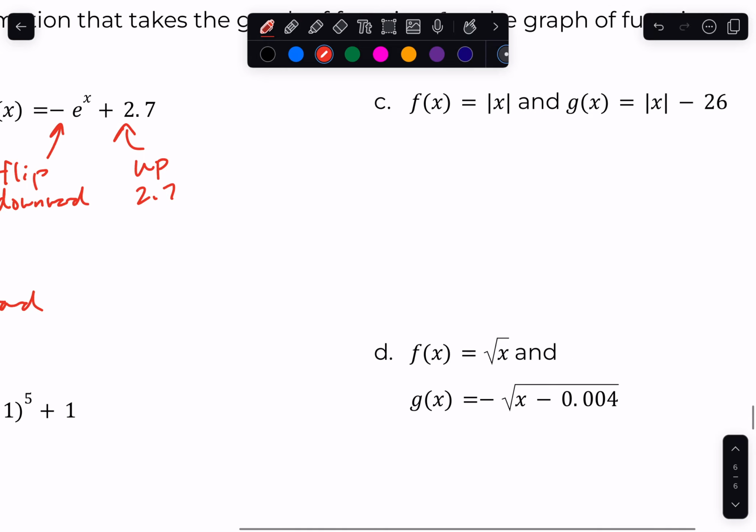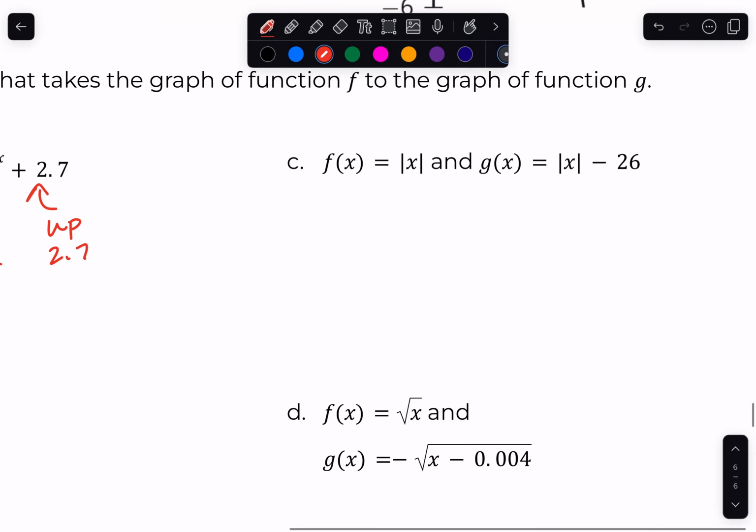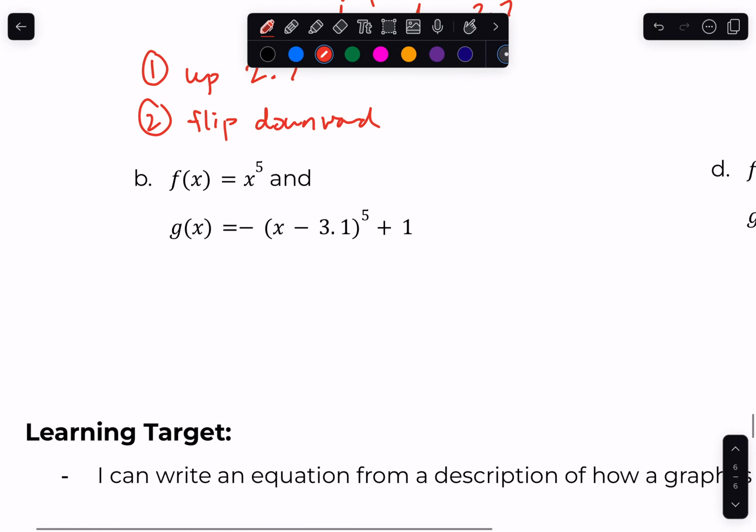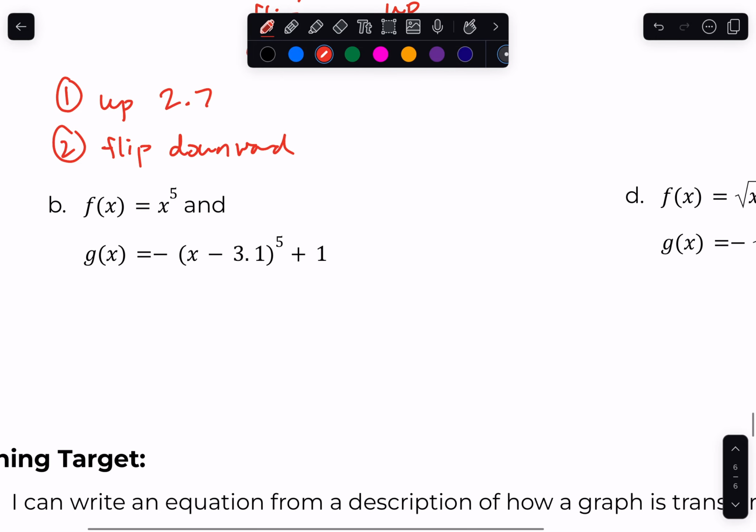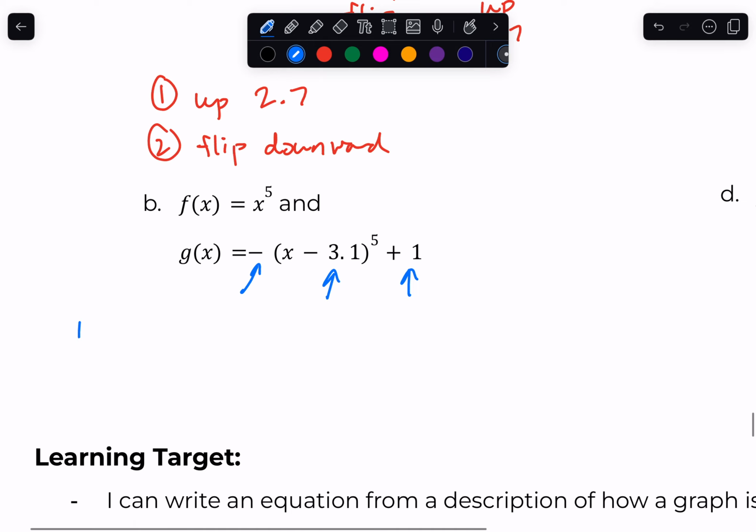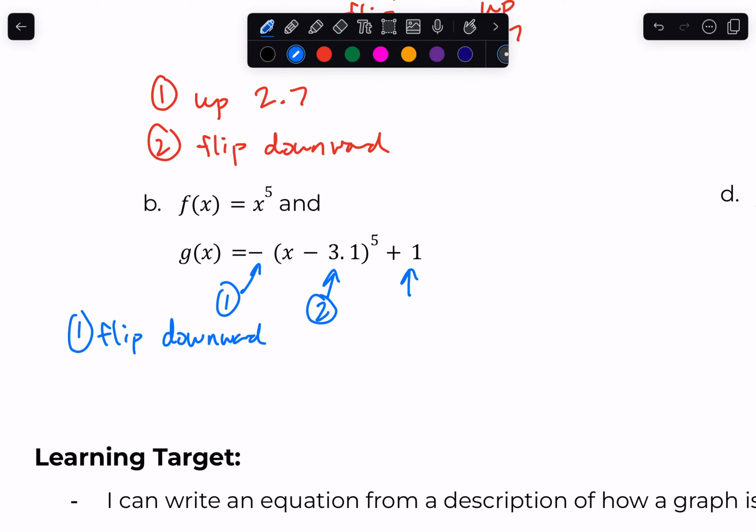Let's take a look at B. Three things happened. So there's that one thing, this thing, and this thing. So we have to talk about those movements. How did it change? We know that negative, just like before, the negative made it flip downward. At step 2, it's negative on the inside.